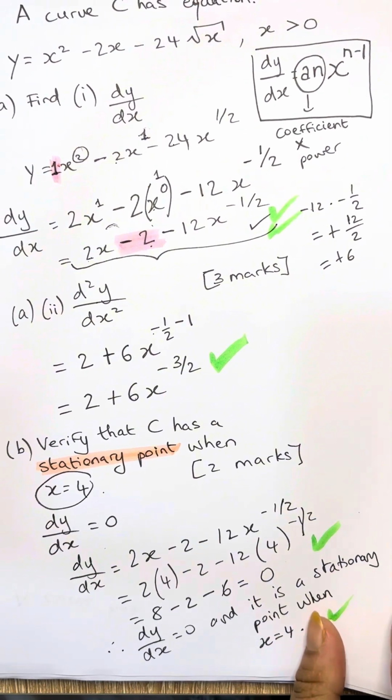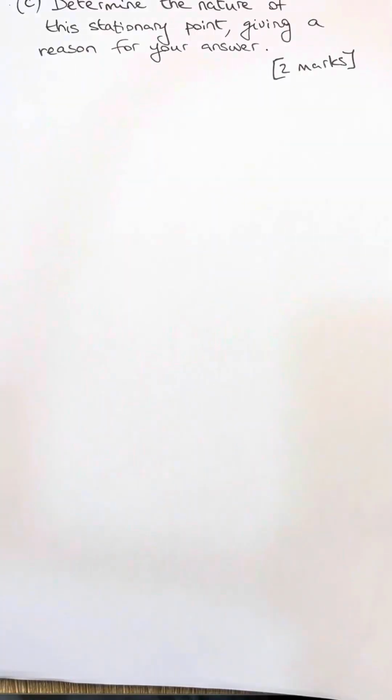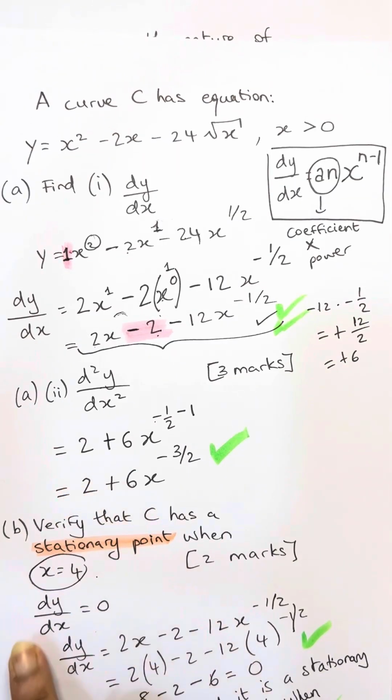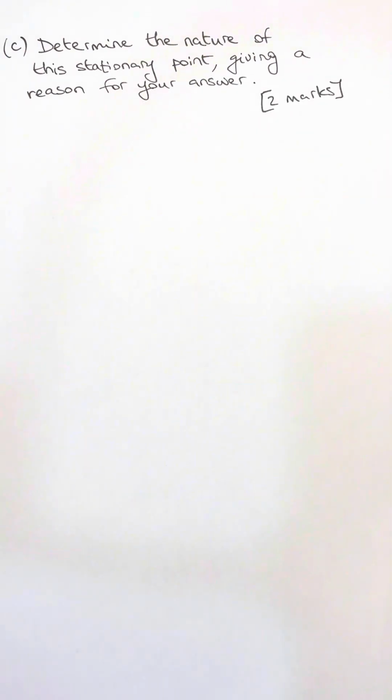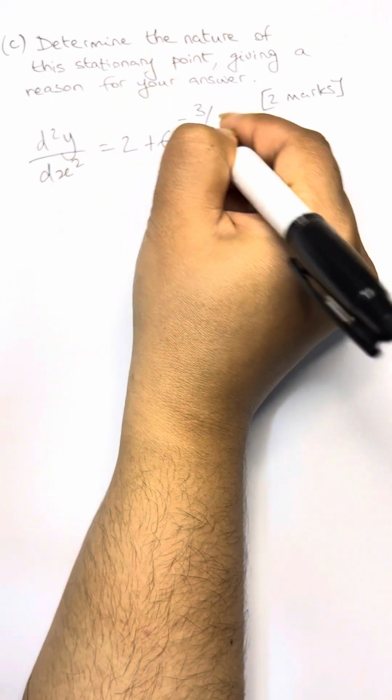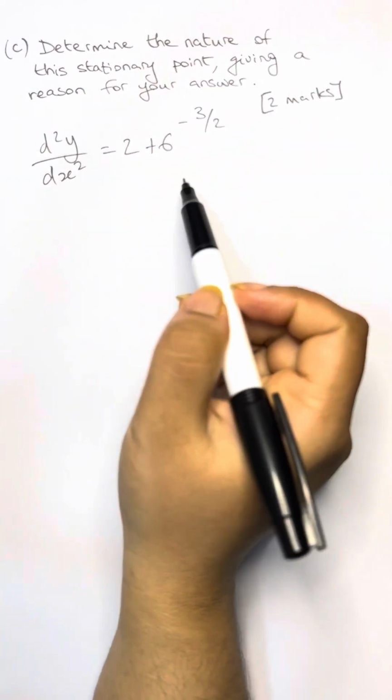Okay, now let's move on to part C. So part C is asking you to determine the nature of this stationary point, giving a reason for your answer. Okay, so the nature, what it means is that when we did the second derivative from here, I'm just going to rewrite the second derivative. Okay, this is the second derivative.